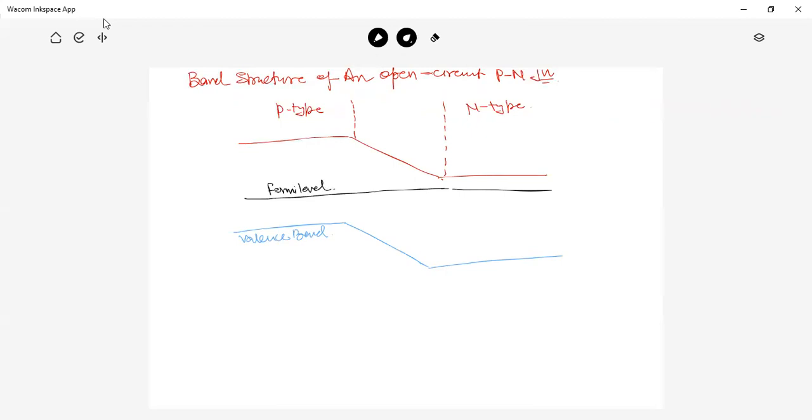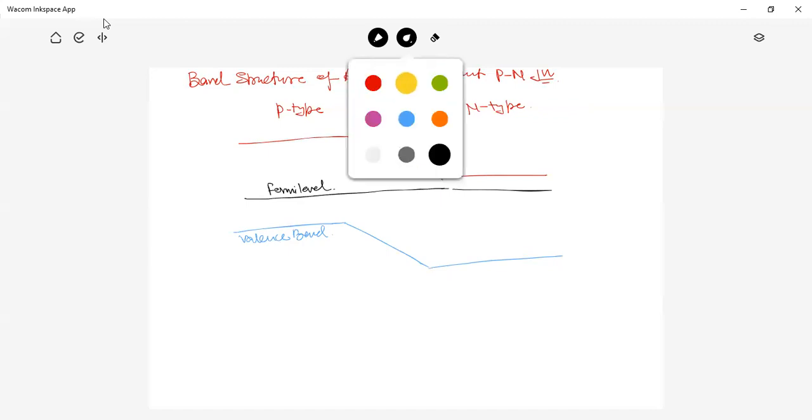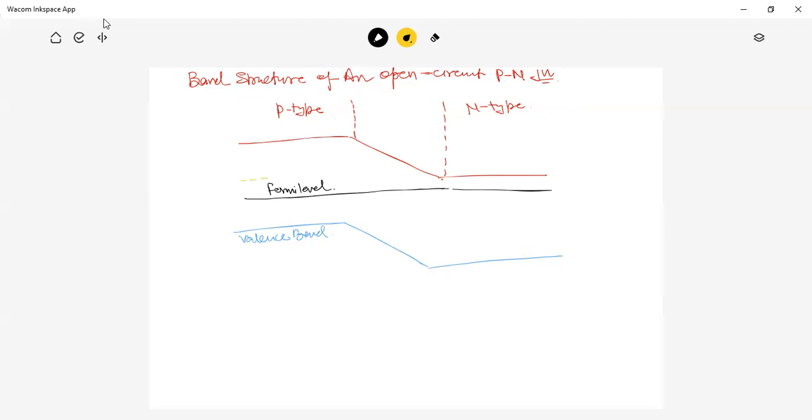So what we feel, this one is the initial Fermi level, E_i. Here it is E_i. And then this is the Fermi level in the P side. This is the Fermi level in the N side.